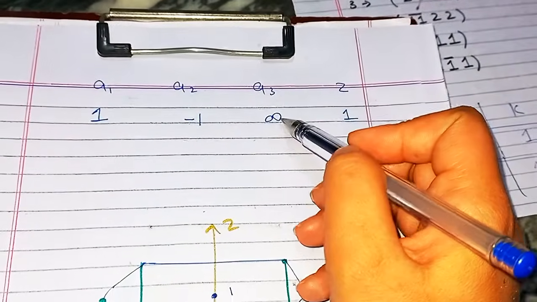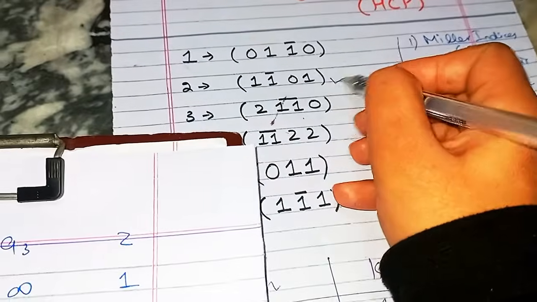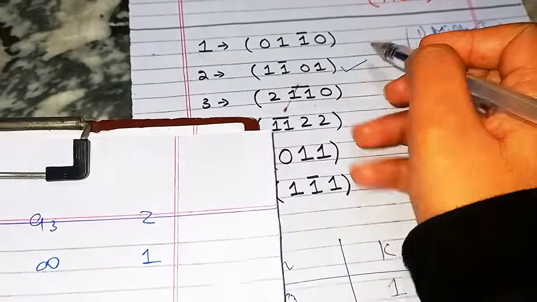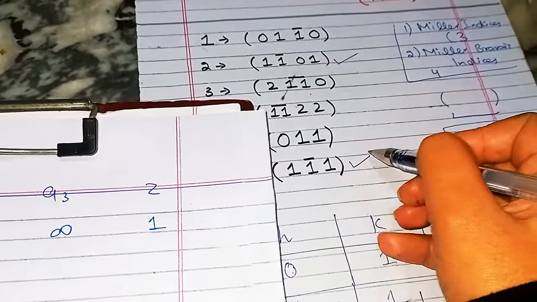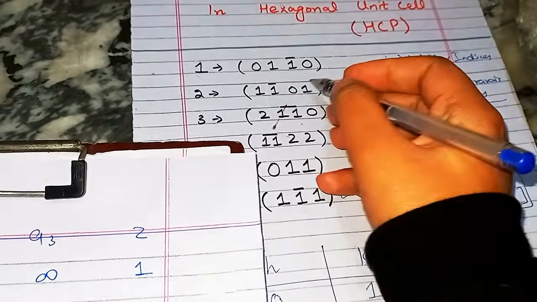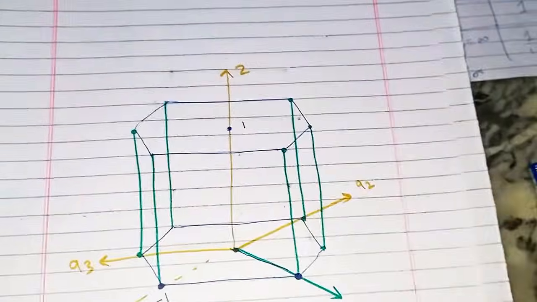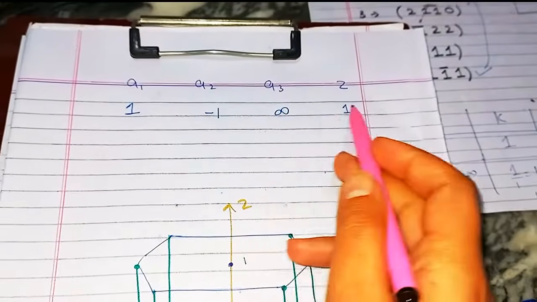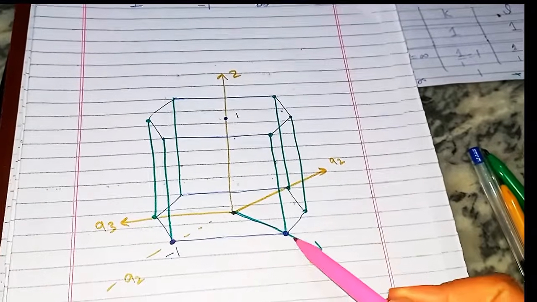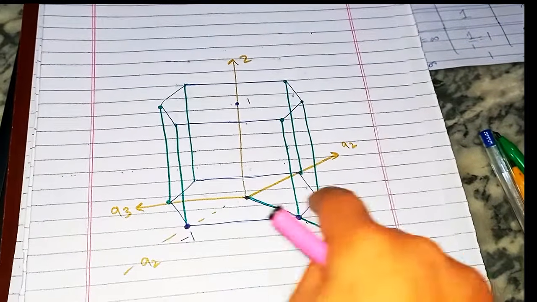Next we have the A3 intercept, which is infinity. And if you remember, this is similar to this case. If you represent this case in Miller-Bravais indices, this is the representation, as we get I as 0 here as well. So we'll draw parallel lines from each of these 3 points along the A3 direction. From this point, we'll draw a parallel line along the A3 direction, which is horizontal.